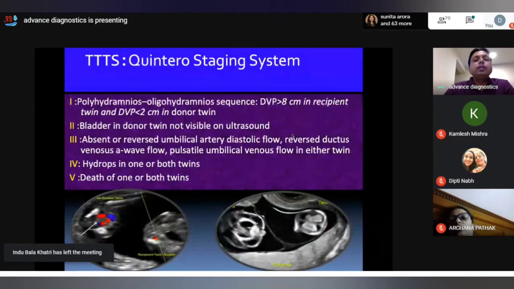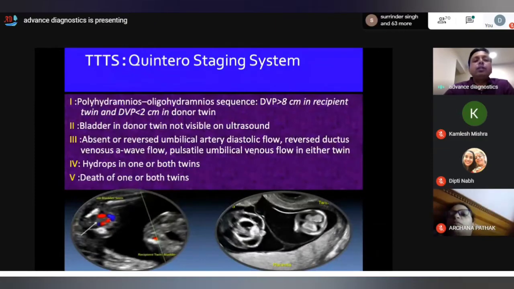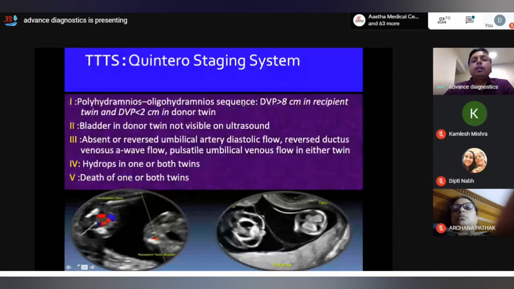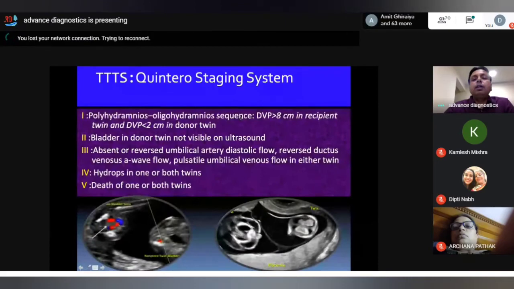Apart from different staging systems, the most reliable is the Quintero staging system. Stage 1 is when the poly-oligo-amnios sequence happens. Stage 3 is deepest vertical pocket diameter less than 1 or 2 umbilical venous flow in either twins.